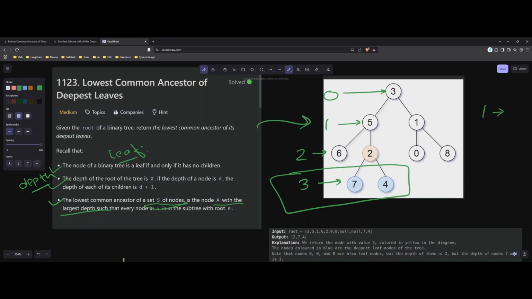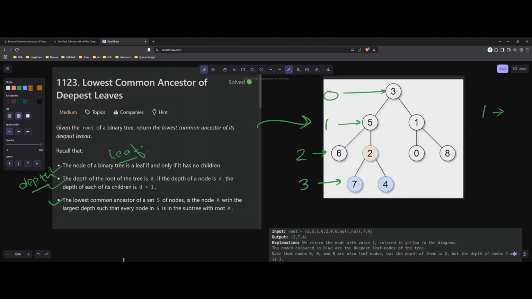Let's talk about the lowest common ancestor. What is common here? Suppose we take this node. The ancestor of this node would be its parent, which is none other than 2.